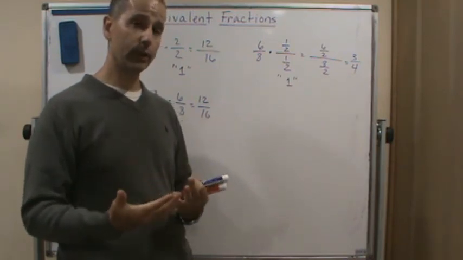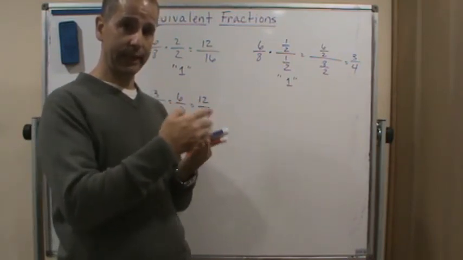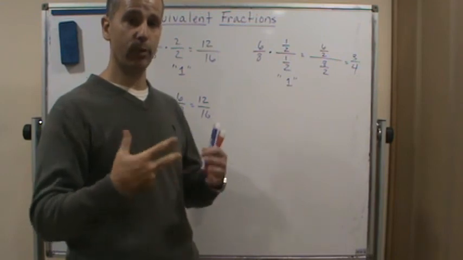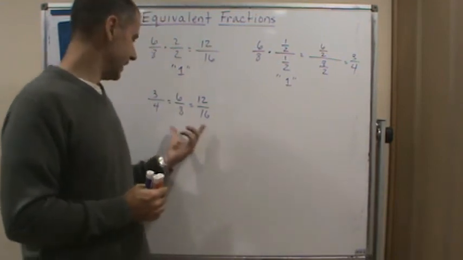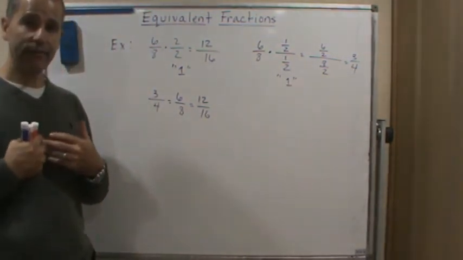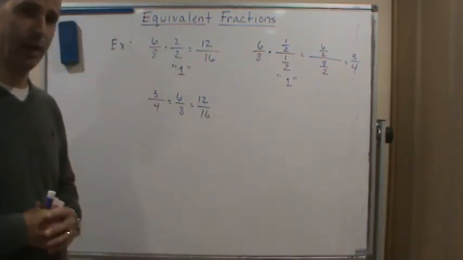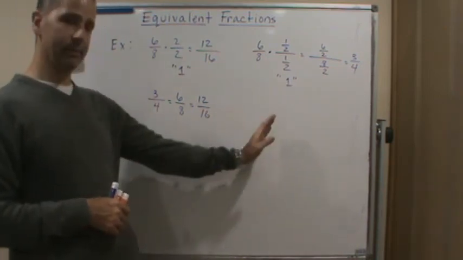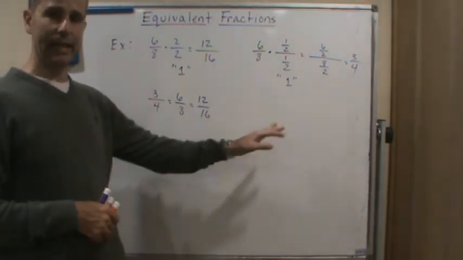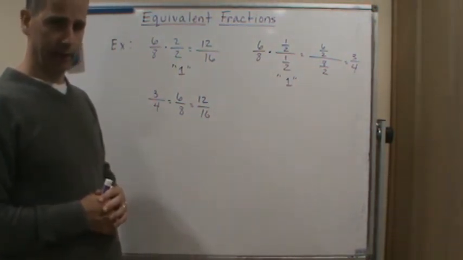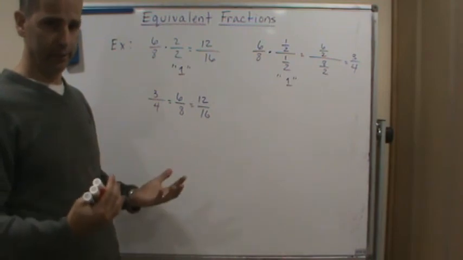All I'm really doing is multiplying any fraction by a form of 1. And as you can see, I have an infinite number of equivalent fractions. There are an infinite number of equivalent fractions because I can keep going with as many different numbers as I can think of, which there are infinite.